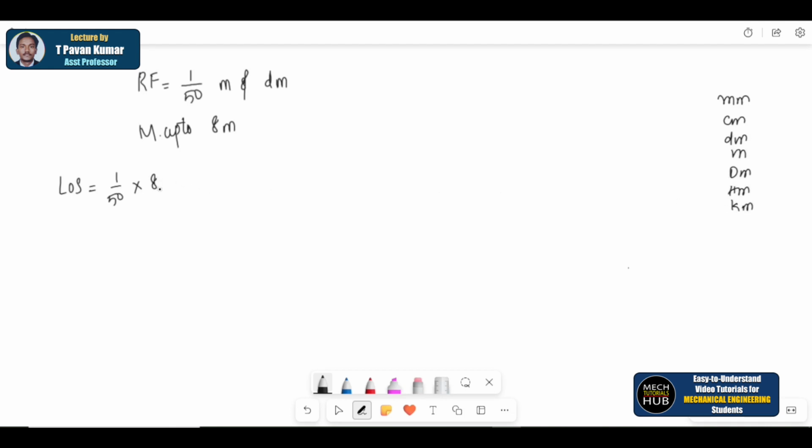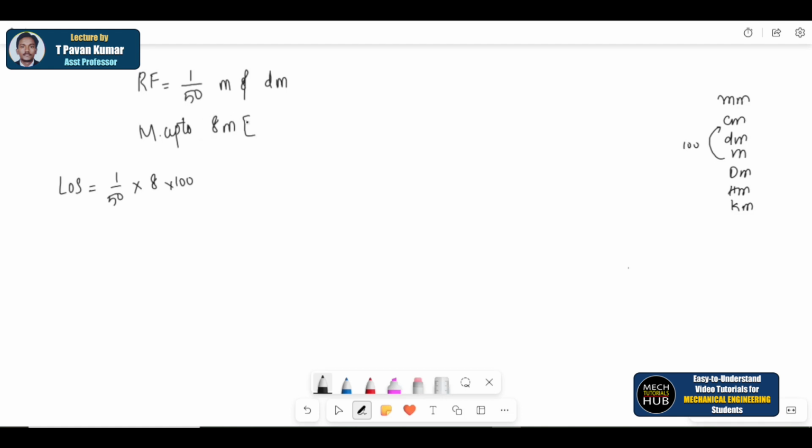I am converting meters to centimeters, which is multiplying by 100, because whatever the number of steps you move, that many zeros we need to consider. One more point, this 8 meters is the number of parts of the scale.